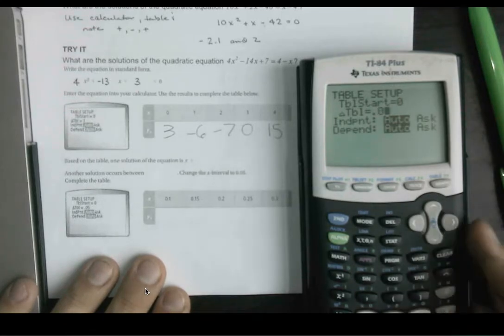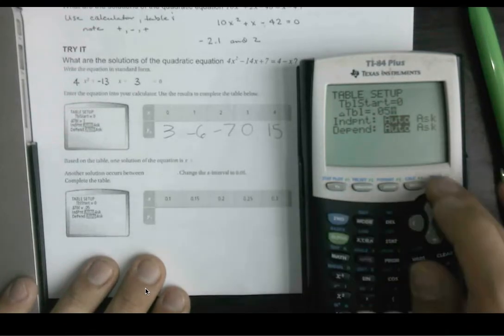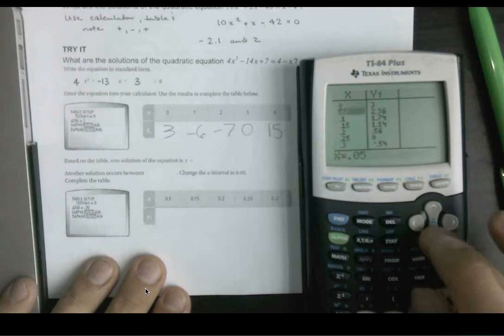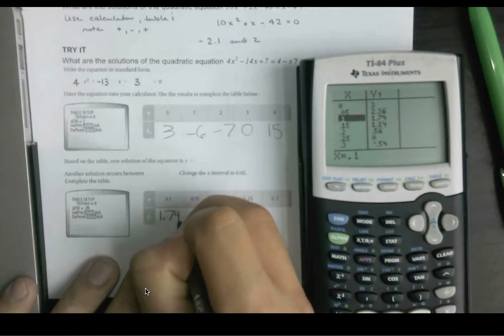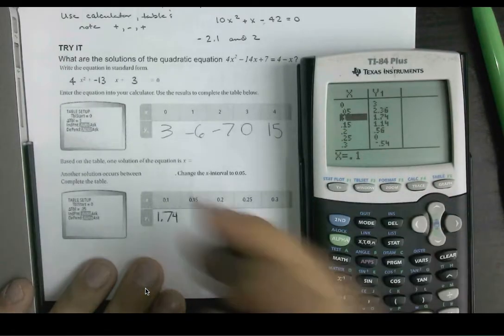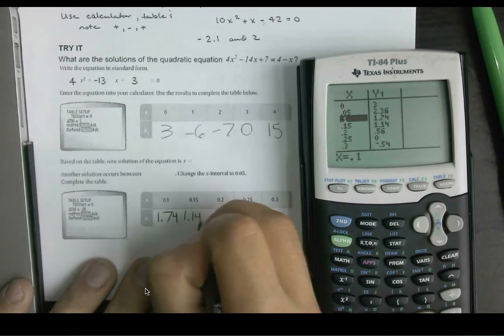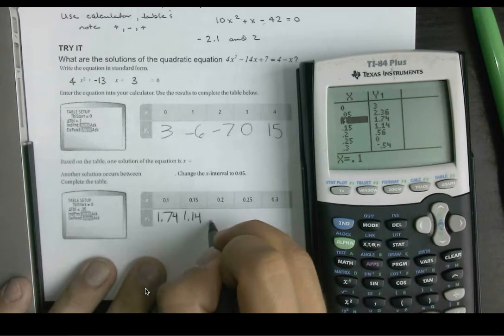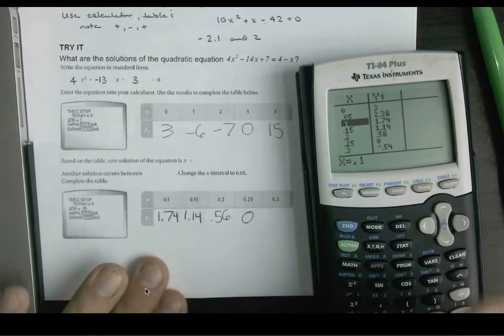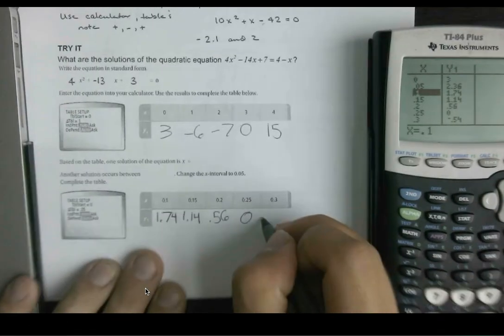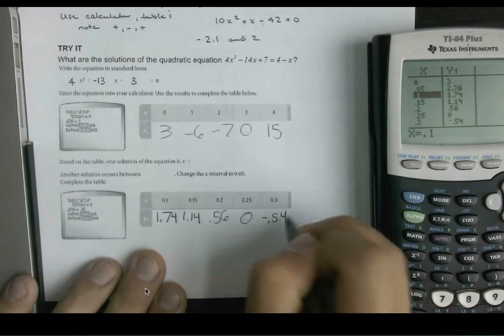It's Sunday. I'm a little off on this one, so let's double check this. All right, now we're talking. It's 0.1, 1.74. We have 0.15, 1.14, 0.2, 0.56, 0.25 is 0, so we see a solution there, and also negative 0.54.